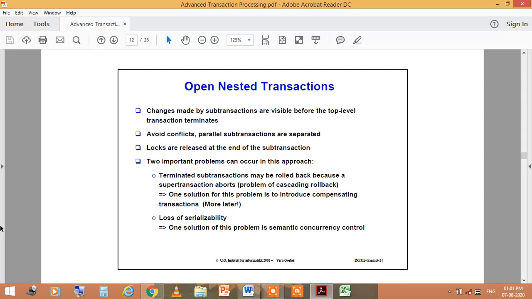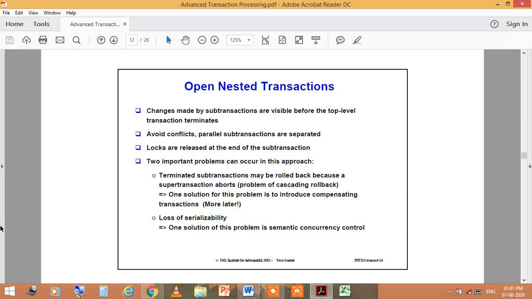So to avoid conflicts, parallel sub transactions are separated, and these locks are released at the end of the sub transaction. There are two important problems which can occur in this approach. First is the terminated sub transactions may be rolled back because the super transaction aborts, this problem of cascading rollback.